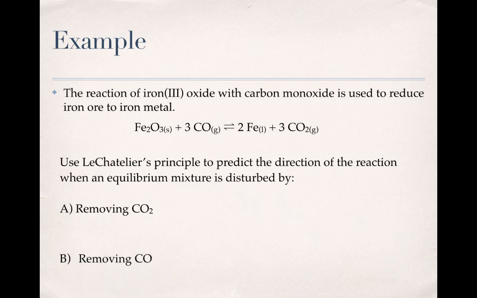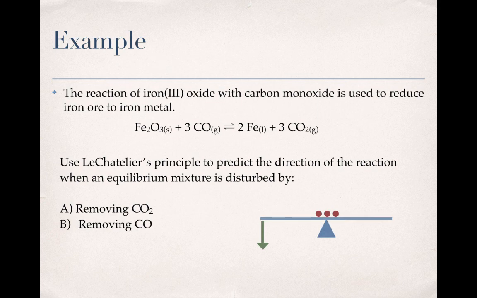What if we remove carbon monoxide, something in the reactants? We're removing something, so again we're going to use a down arrow, only this time, since we're removing a reactant, we're going to put that down arrow on the left-hand side. And we see when we move that down, the balls shift towards the left-hand side.